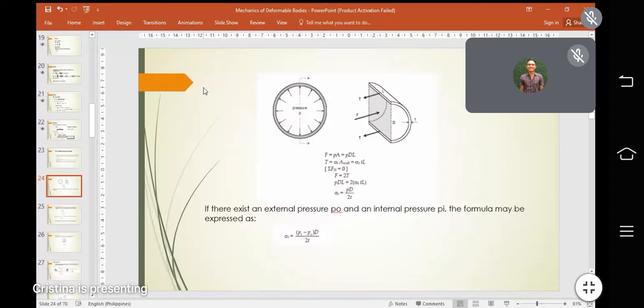Along with that, we have an equal and opposite stress or force. I am going to show you how to derive the formula for the said type of stress.